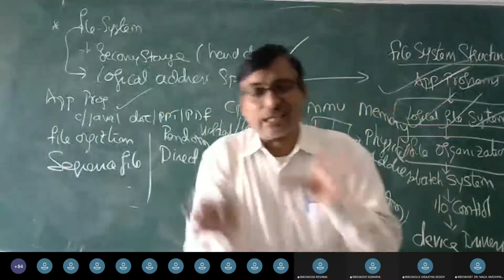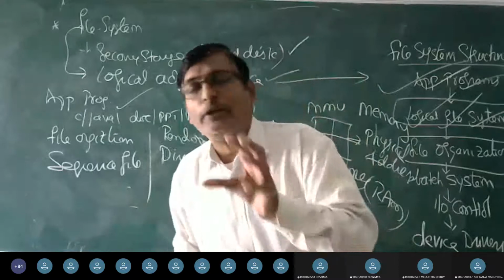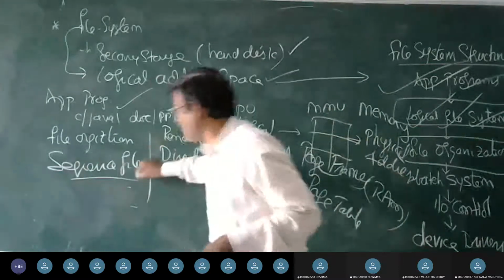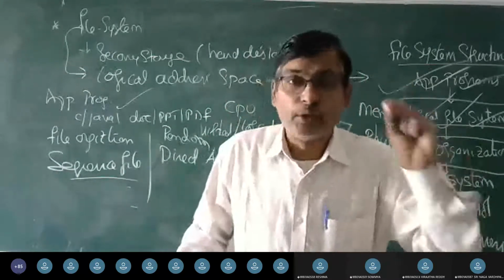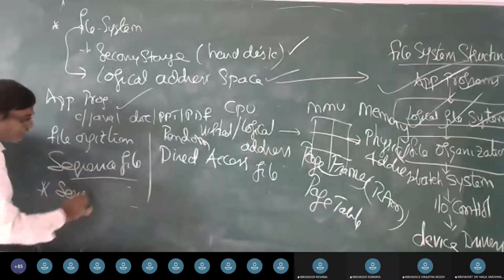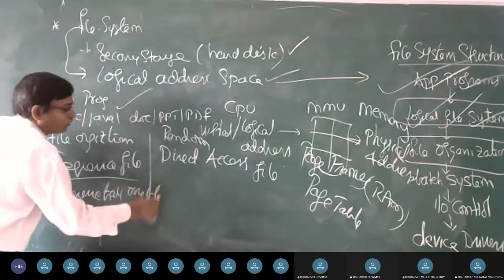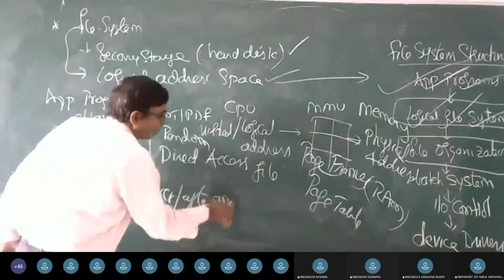Every file system has its own advantages and its own disadvantages. As far as sequential file organization is concerned, it is going to move sequentially, one block after another block.